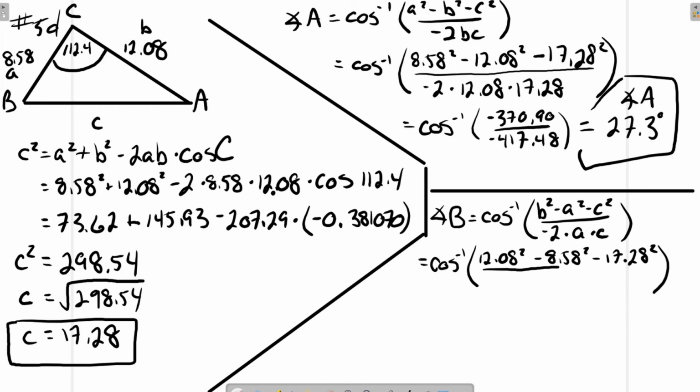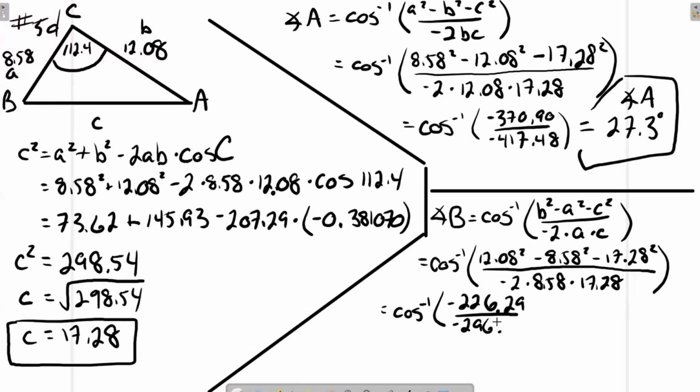All of that's divided by negative 2 times 8.58 times 17.28. Doing the math, negative 226.29 divided by negative 296.52, which is equal to the arc cos of 0.76315, which is equal to 40.3 degrees.